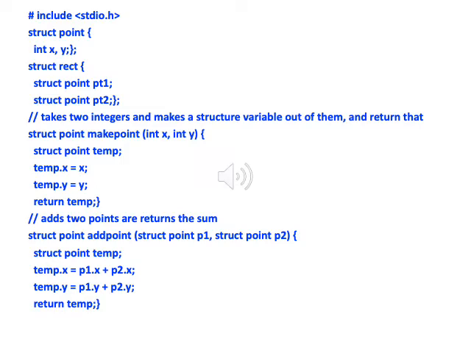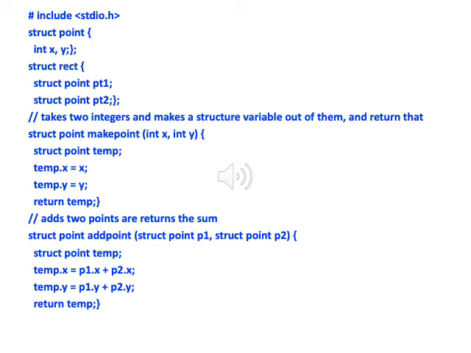So here what we have is struct point, that is again the return data type. Add point is the name of the function, and then there are two arguments, both of them being points. Okay, so point p1 and p2, and what the function does is pretty simple. It just adds p1 and p2 and returns the sum.